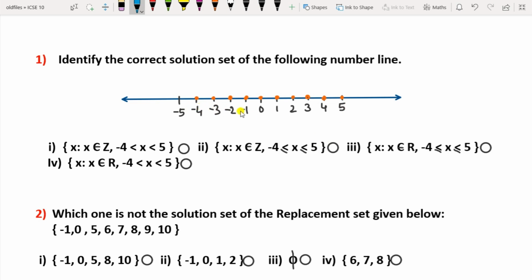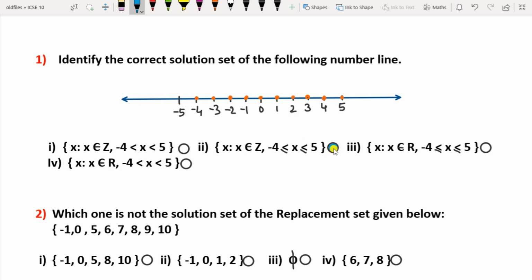So the value of x should be greater than or equal to -4 and less than or equal to 5. This is the correct option, that is x belongs to integers, that is Z, and x is between -4 and 5, also equal to -4 and 5. Okay, so what you have to do, you have to fill this circle with your black pencil this way.